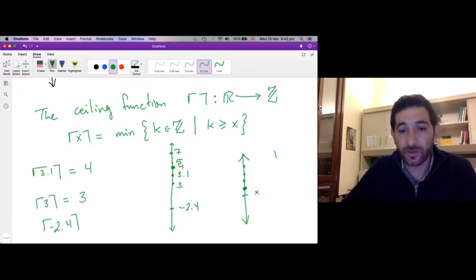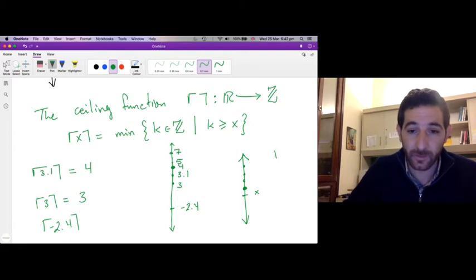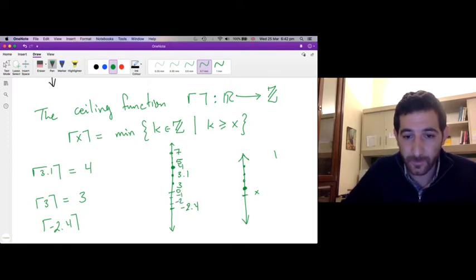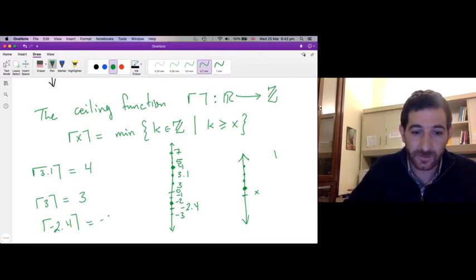I want to look at all integers greater than or equal to negative 2.4. So say this is 0, this is negative 1, this is negative 2, but here is negative 3. So the least integer greater than or equal to negative 2.4 is negative 2. Okay, so this is negative 2.